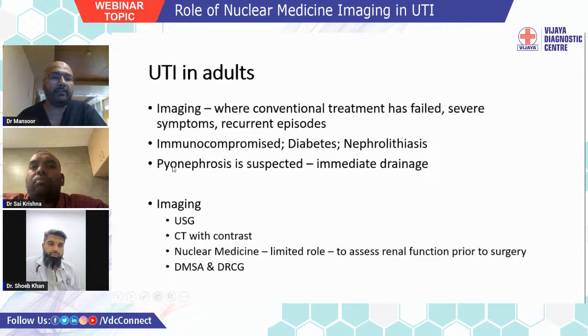So these are the investigations that we do. Here the role of DMSA is very limited, and we use the DTPA scan to assess the renal drainage and renal function, to get a split renal function, and to assess the GFR. That also helps us in follow-up.